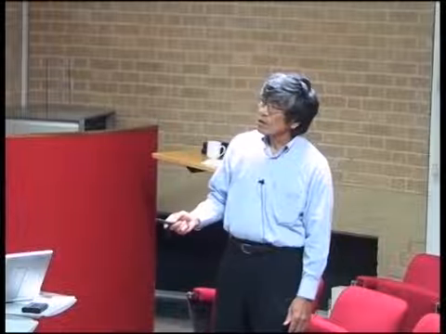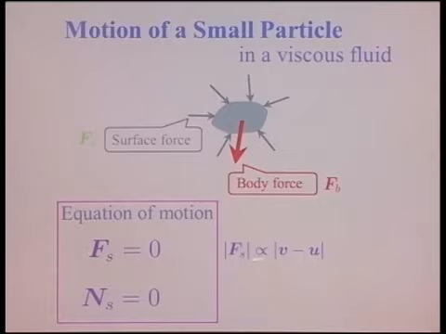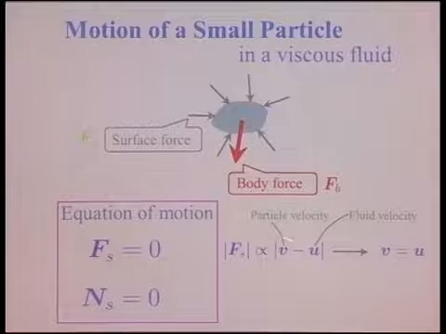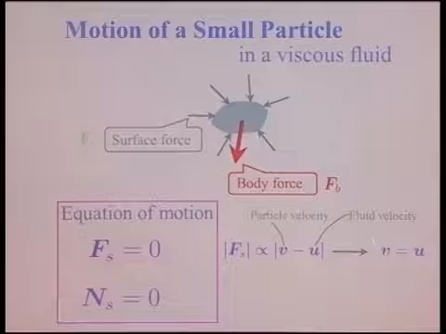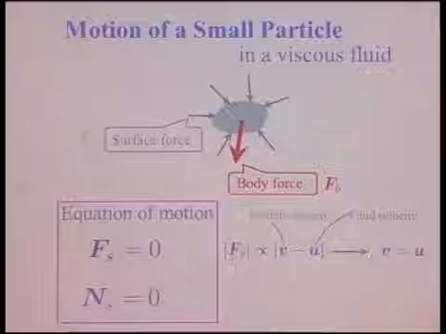And so this surface force is proportional to the velocity difference between particle velocity and fluid velocity. So this leads to this conclusion: the particle moves with the local fluid velocity.